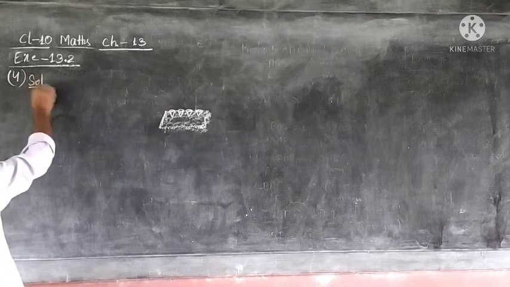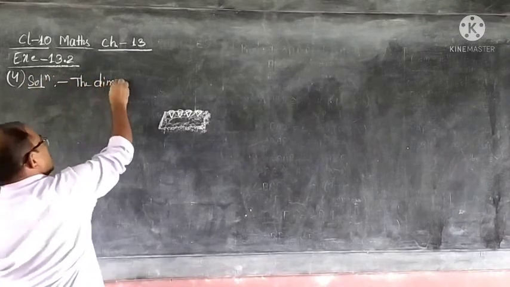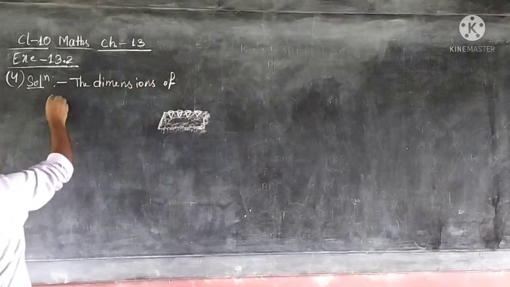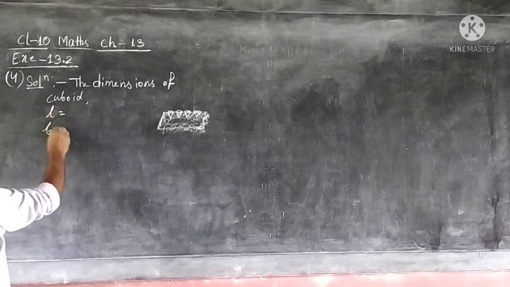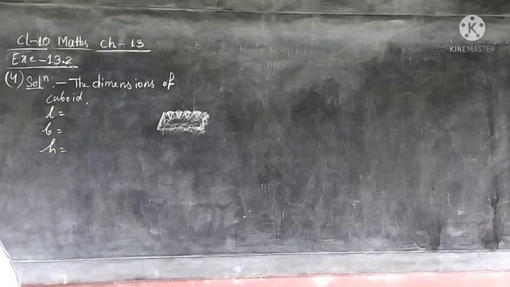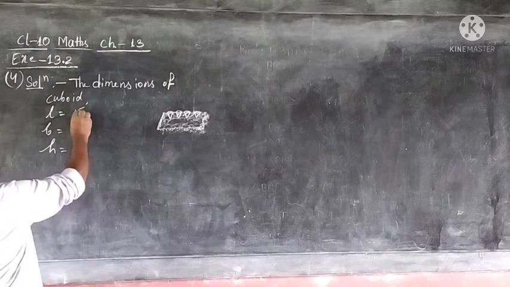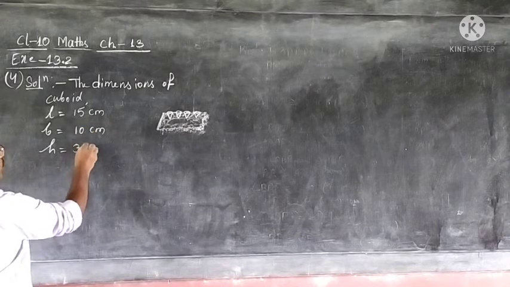We start the solution. We write down first the dimensions. The dimensions of cuboid, it is here length, breadth and height. Let us write down one after another, that is 15 centimeter, 10 centimeter and 3.5 centimeter.